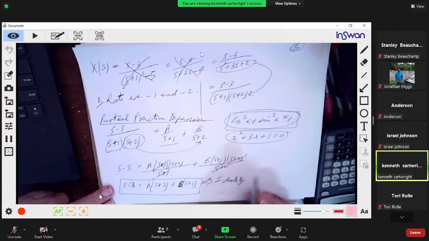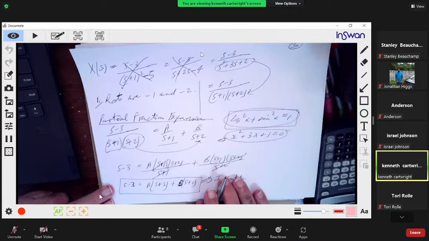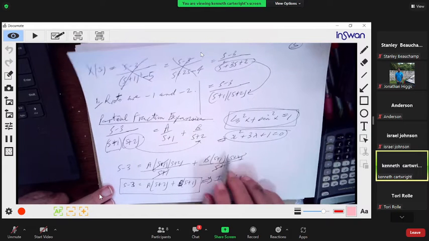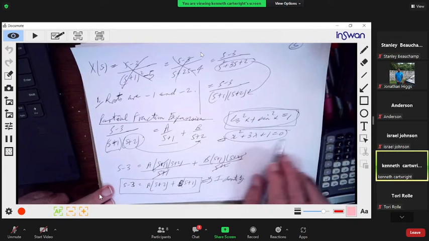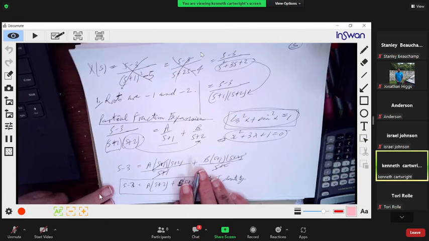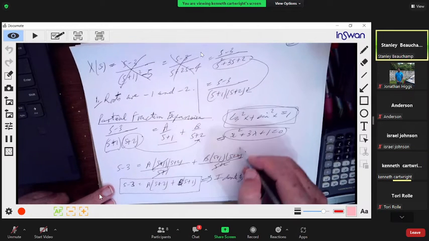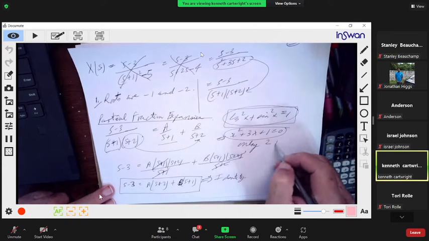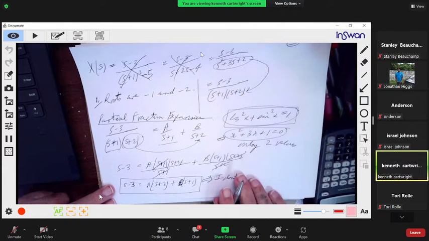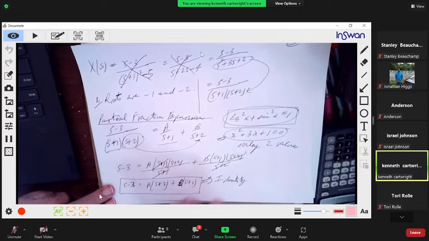How many values of x is this bottom statement true? All? No. Only 2. Only 2 values. And what are those 2 values called? It's called the roots.